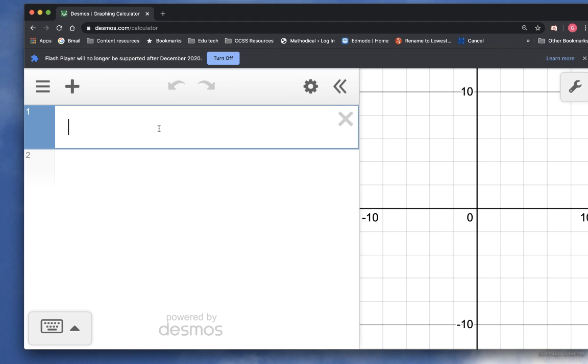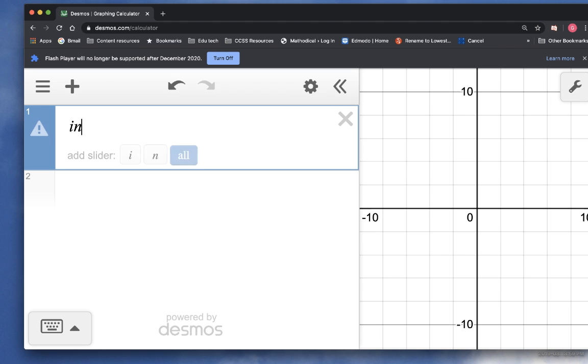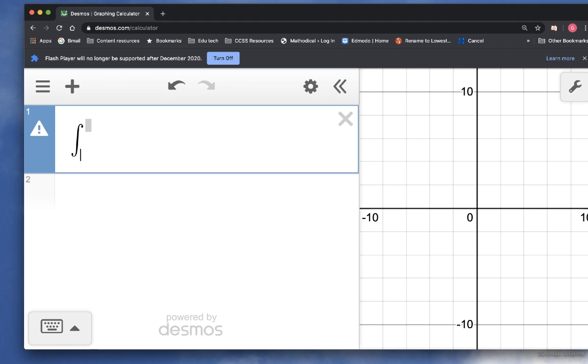So when I want to do an integral, I just type int, and an integral will pop up. And right away my cursor brings me to the lower bound. In my problem, I had a lower bound of 20. Now I can use my arrow key, go up, and put in the upper bound. The upper bound was 30.